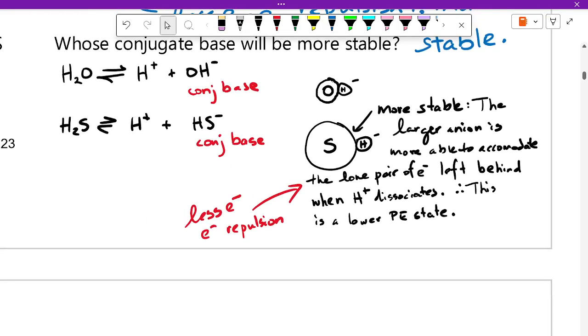H2S is the stronger acid, and that's because its conjugate base is more stable.